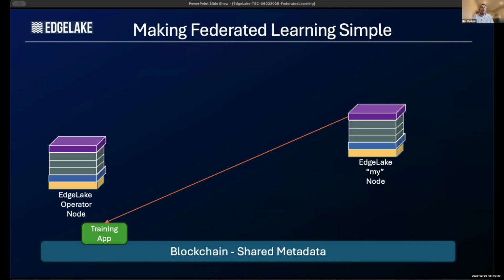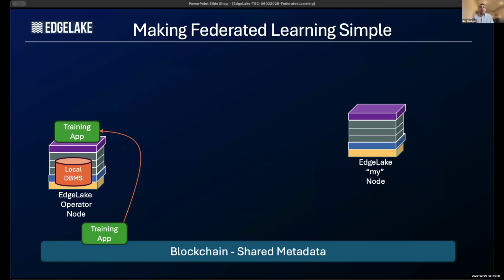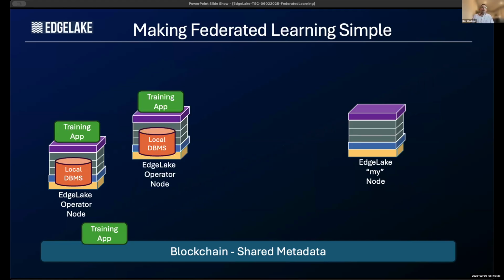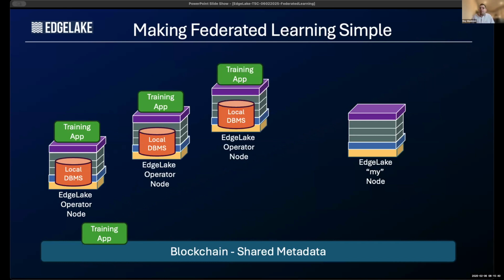Each EDGELAKE operator node that has the relevant information to facilitate the training that I'm intending to run has a local database management system with the respective data. It will pull this training application onto the local node. All the nodes that have this relevant information and will be partaking in this federated learning process will also pull the training application.